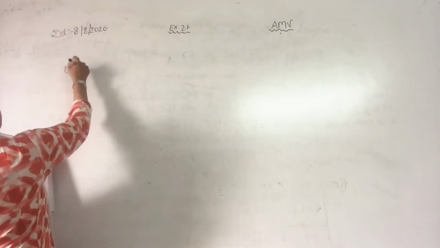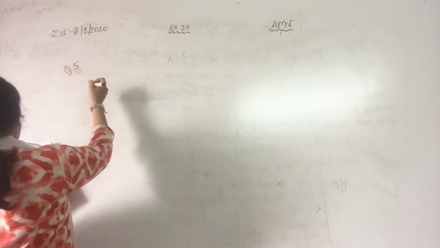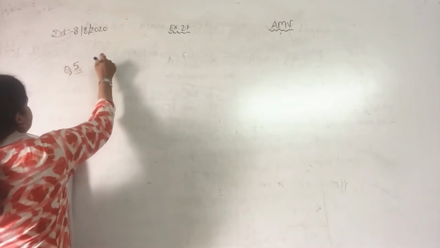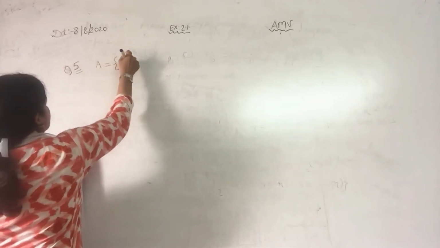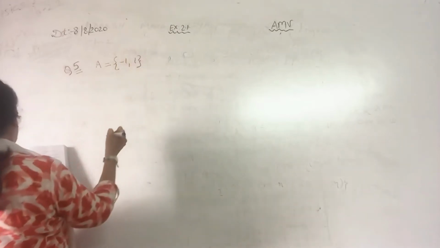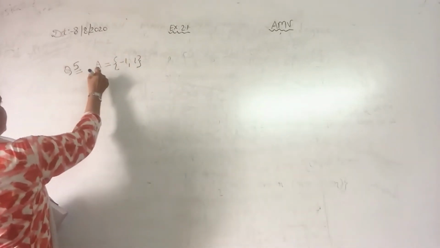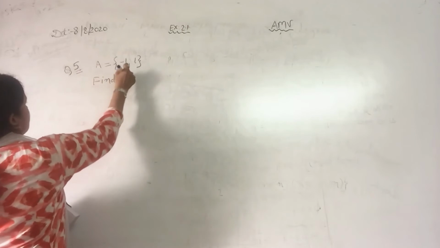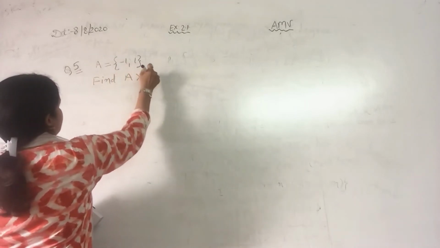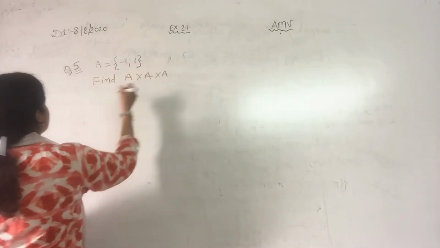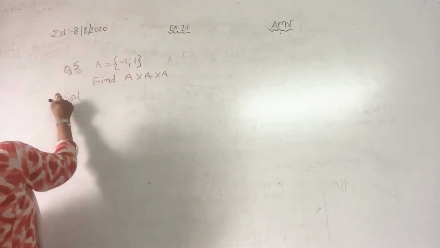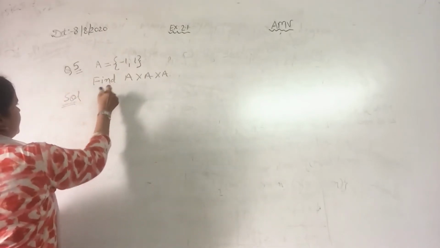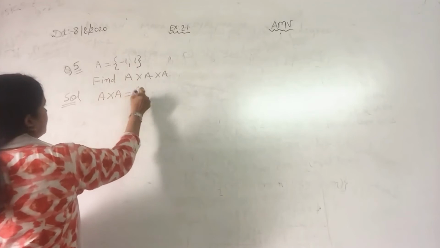Question number 5. Here A is given {-1, 1} and we have to find Cartesian product A×A×A. Okay, so students, first find A×A.